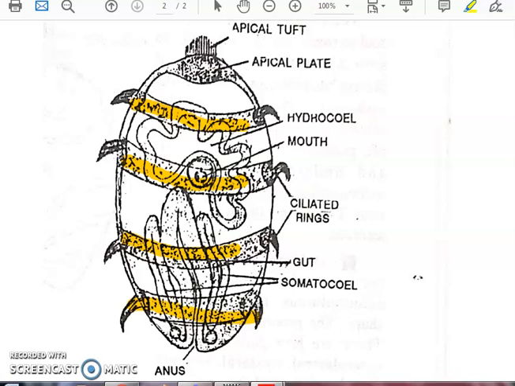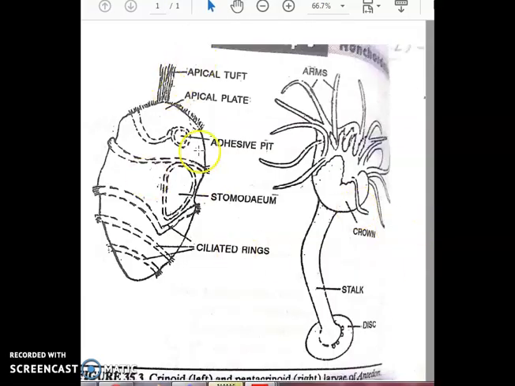And after this, the last is the Crinoidea larva, that is found in the life history of crinoids. This is the picture of crinoid larva, and it is also called Doliolaria larva. As you can see, it looks barrel shaped, and at the anterior end it bears an apical tuft that arises from the apical plate.